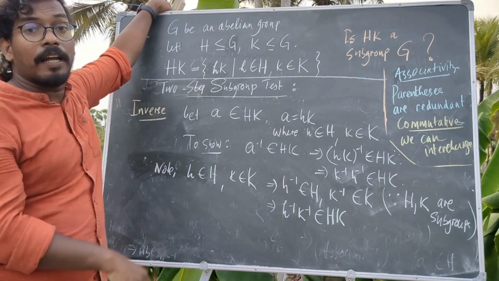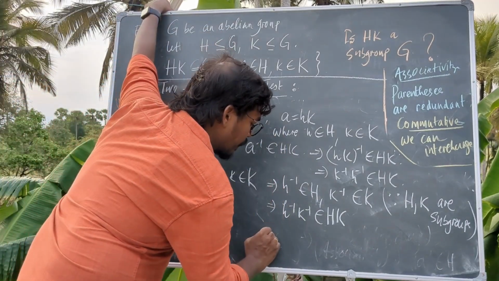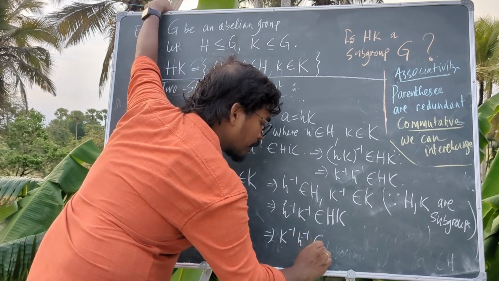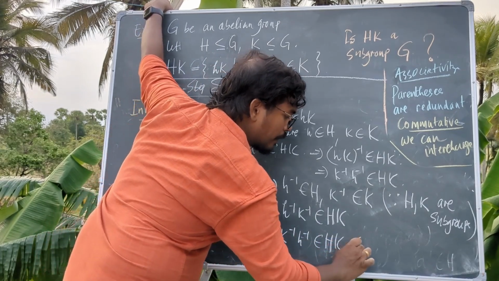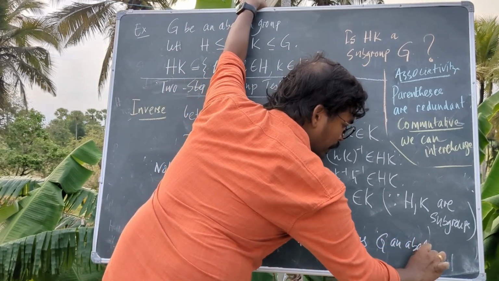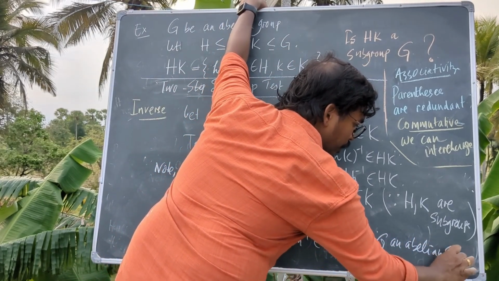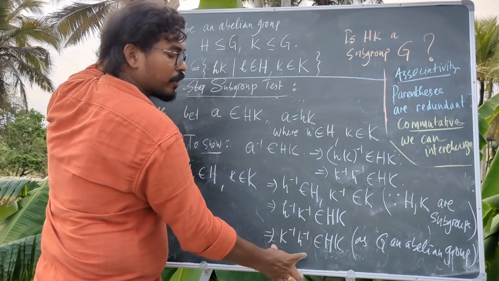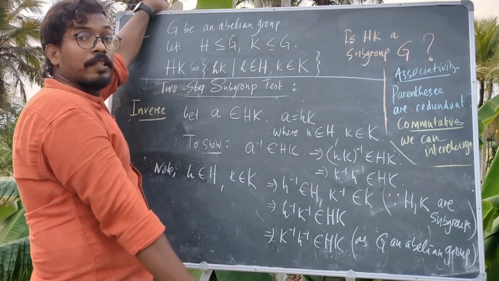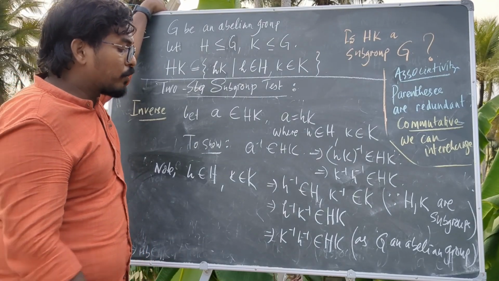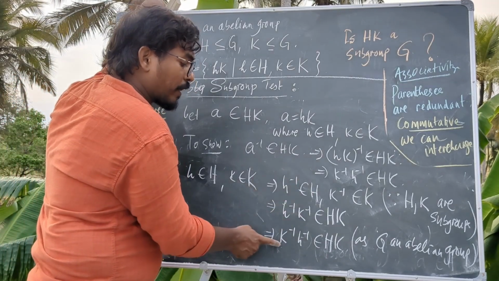And since G is an abelian group, it has the commutativity property, so h inverse k inverse is the same as k inverse h inverse.